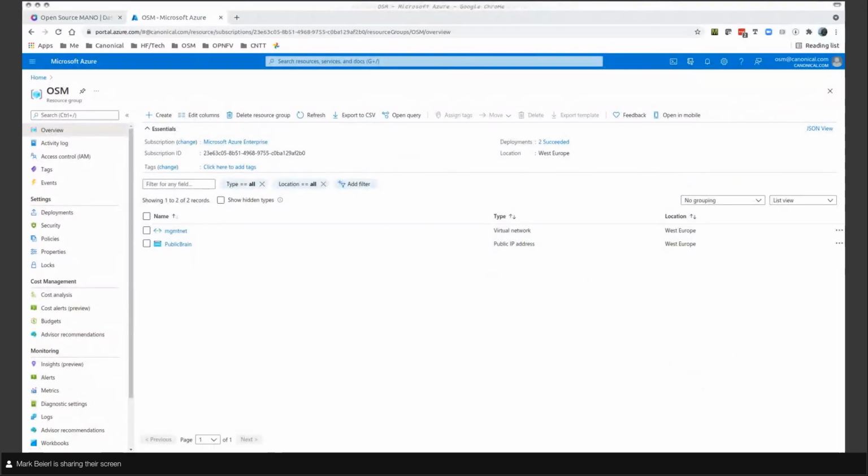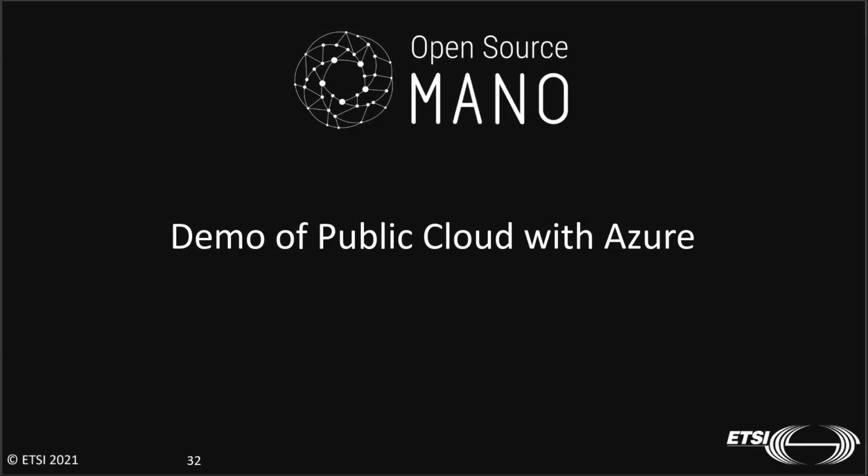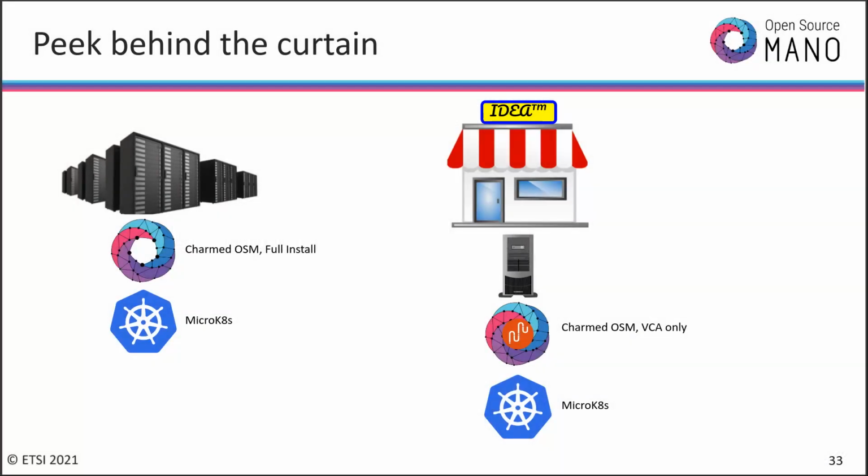What I'm going to do then is go back to the slides, and it has been deployed, but we're not really going to be able to connect to it because Azure is not letting me see my resource and letting me assign that public IP to it. So, a little bit of a peek behind the curtain. What do we have?